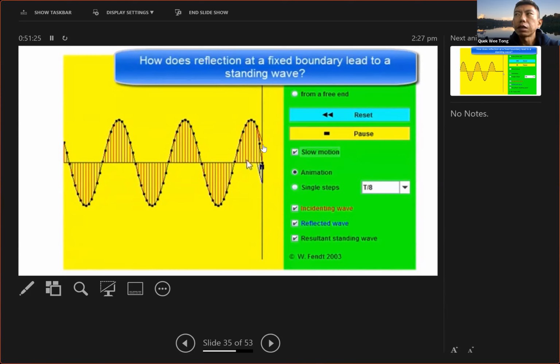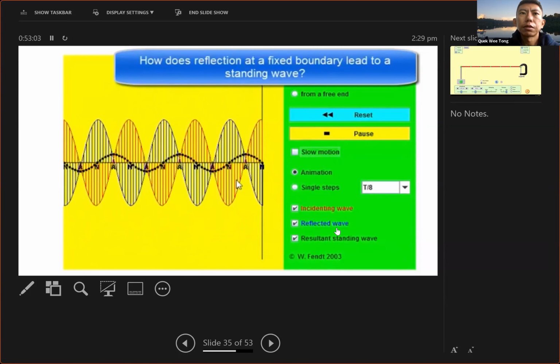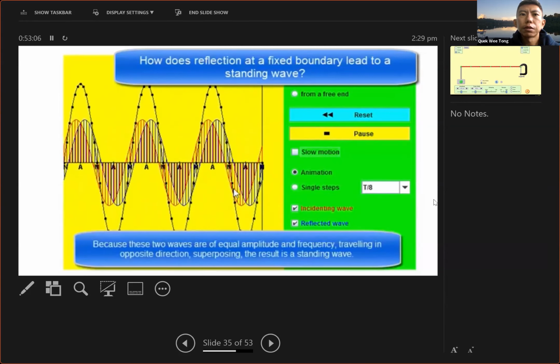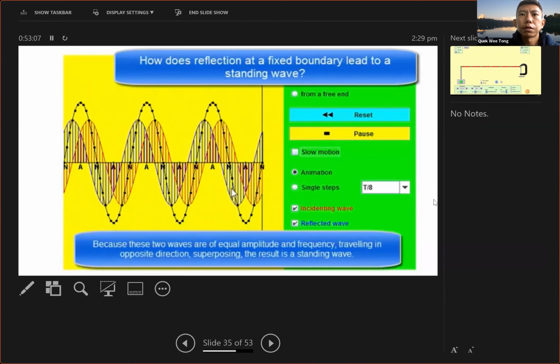And you can see that we get this pattern of stationary nodes and antinodes along the wave. We have a standing wave, which is this black wave, which is just the superposition of two waves of equal amplitude and equal frequency traveling in opposite directions.